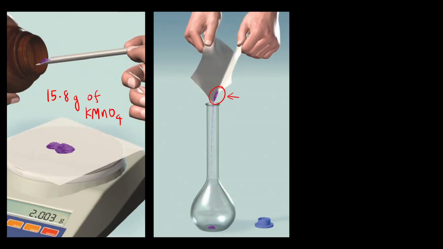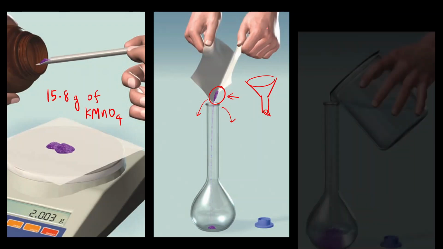We have to very carefully transfer the compound, not like this. A better way is to use a glass funnel. This is a proper method, using a dry glass funnel, which is safer, so that none of the particles fall out from the weighing paper.